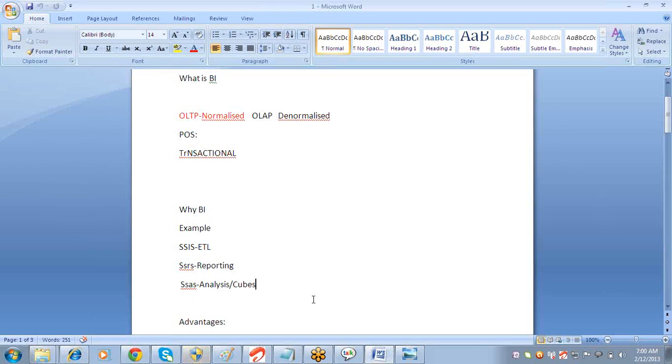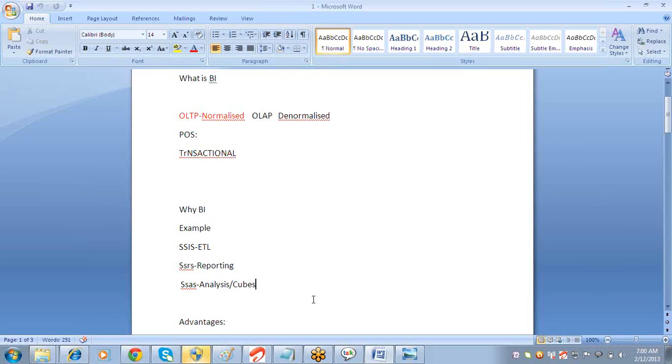So BI here means a combination of SSIS, SSRS and SSAS, wherein SSIS plays the ETL role, helping in moving the data, which is important to create a data warehouse. Business intelligence is analysis, and you provide the reports.